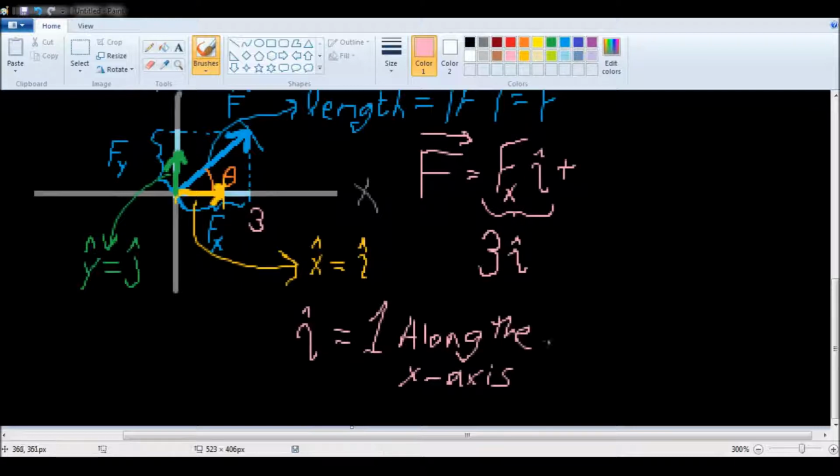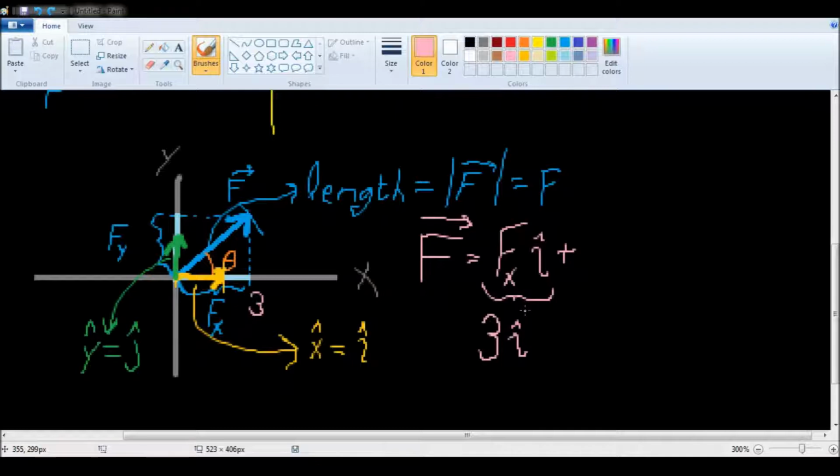So that's denoted as 1 along the x-axis. So if you multiply this by 3, you're going to get 3 along the x-axis. Pretty self-evident there.